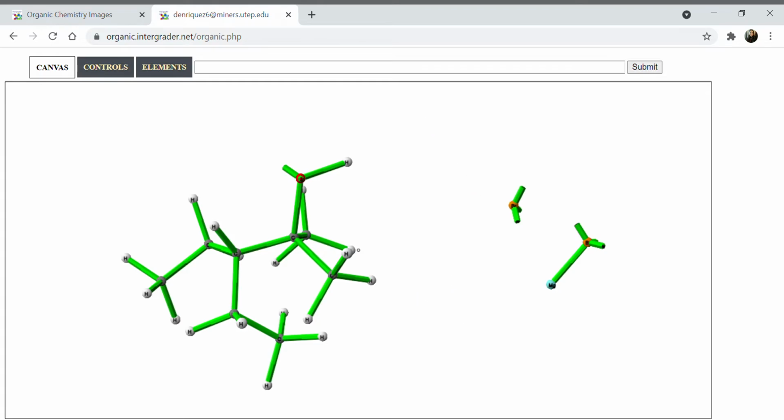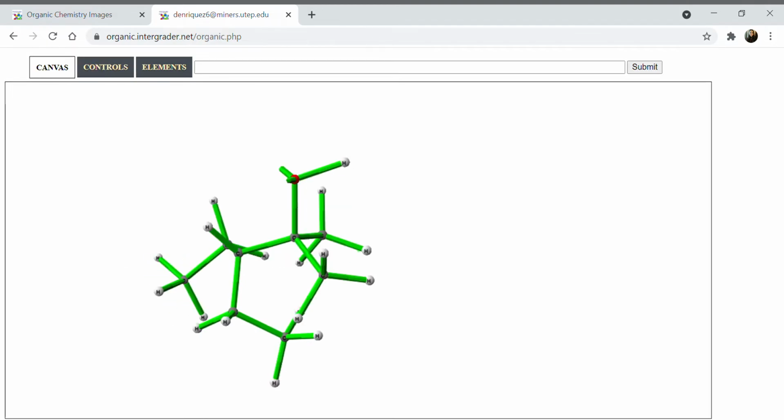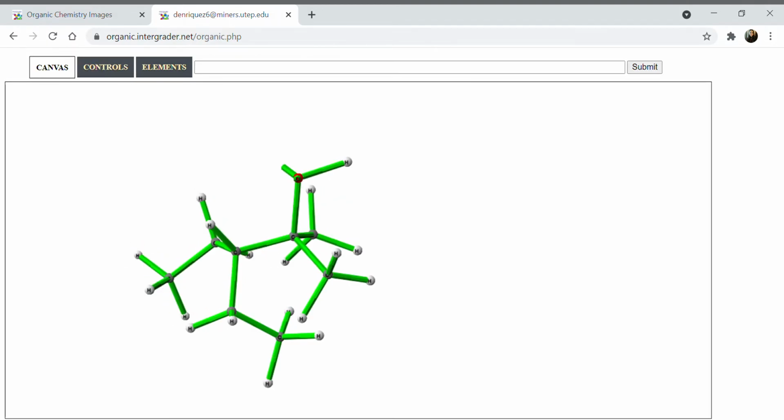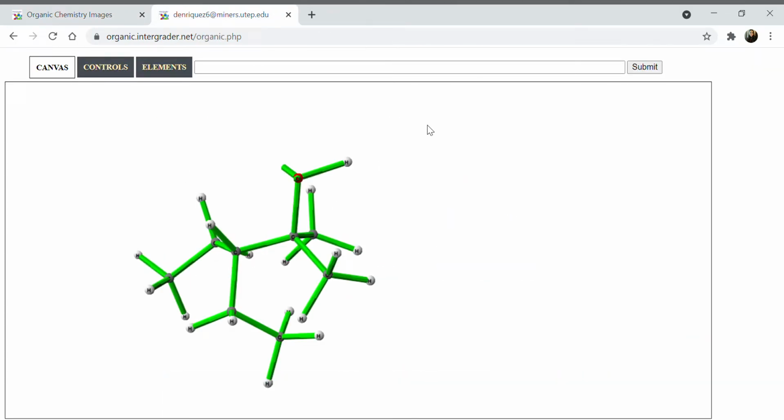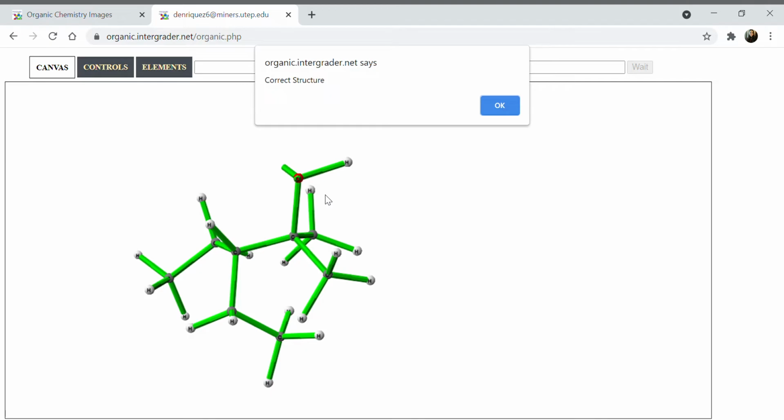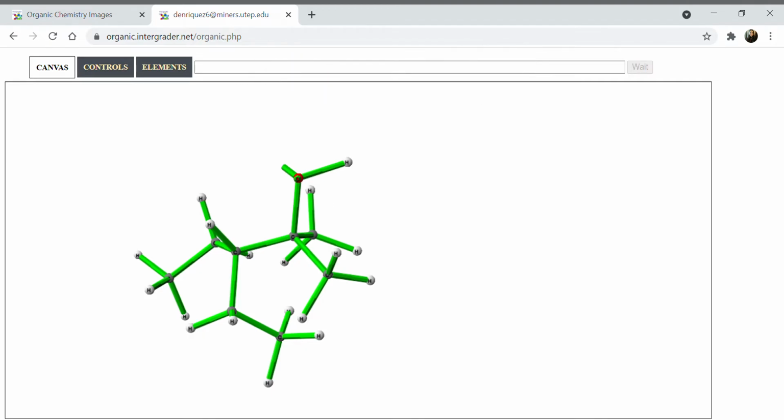Let's see if hopefully it lets me submit that. So just to make sure, 3 R groups and an OH group. So let's see if it'll let me. Okay. Sorry about that.